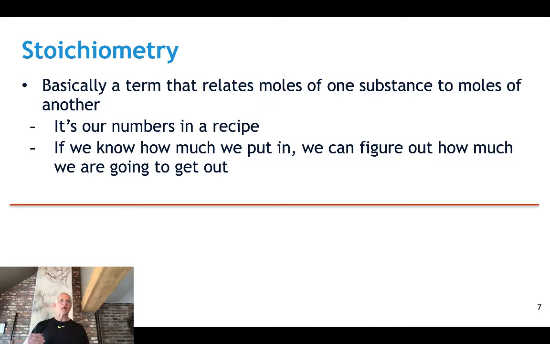For example, if you were making, I don't know, something at home and it called for 250 grams of ground beef, of hamburger, and you say, well, that's not going to be enough. I need to use half a kilo. I need to use 500 grams. Can I find a recipe that uses that much? Well, we don't have to find a new recipe. We just have to double everything, right? That's stoichiometry. That's all that is.